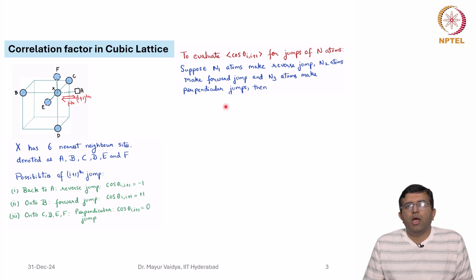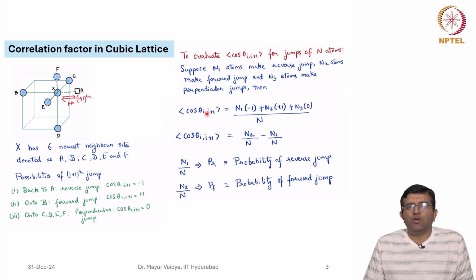Now what we can write then, the average of cos theta i,i+1 is nothing but n1 times minus 1, that means n1 atoms have made reverse jump, so multiplied by the cos theta in that case, which is minus 1, plus n2 times plus 1 plus n3 times 0, divided by the total number of atoms. So this one term will go out, and we will have n2 by n minus n1 by n.